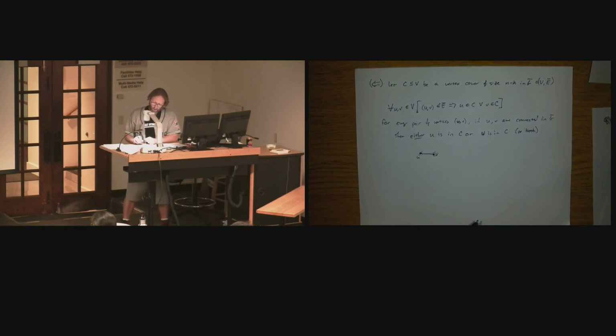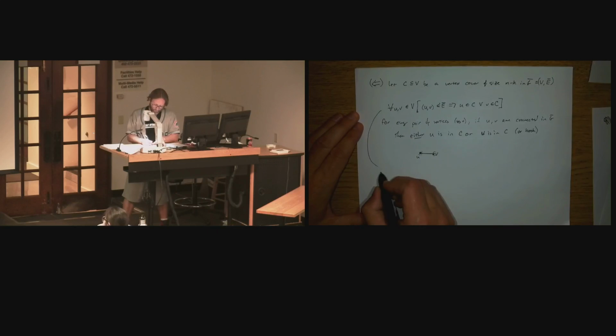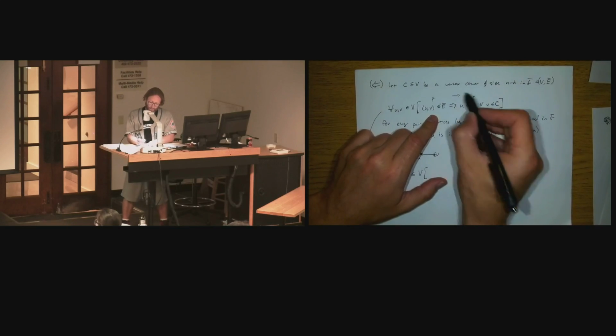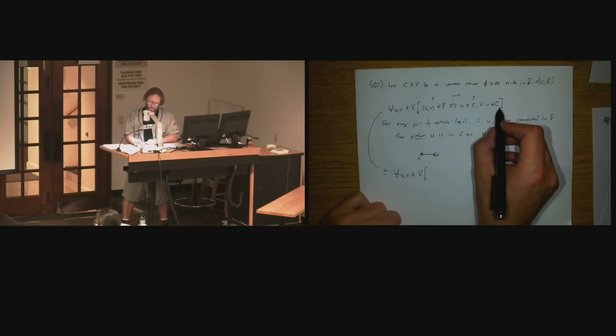All right. Now, what's the contrapositive of this? The contrapositive has no bearing on the universal quantification here. But what's the contrapositive? This is P, and this is Q. P implies Q. So go ahead and negate this. What happens when you negate this?